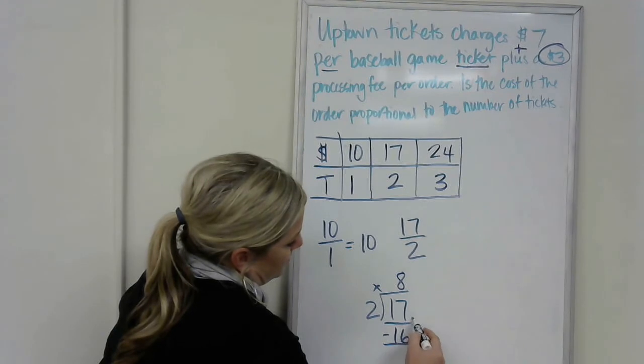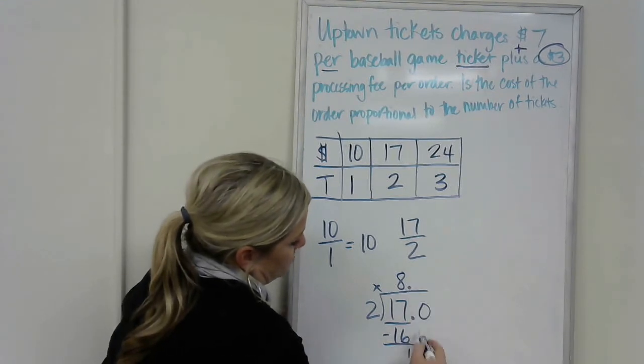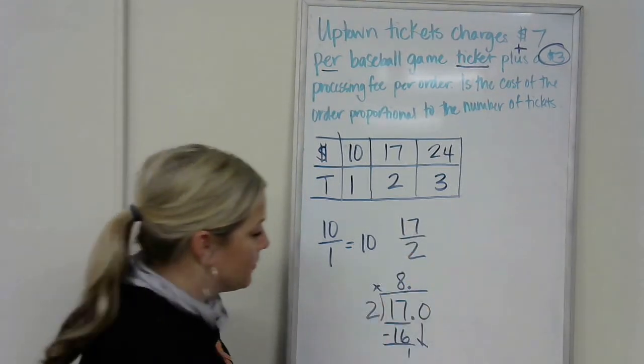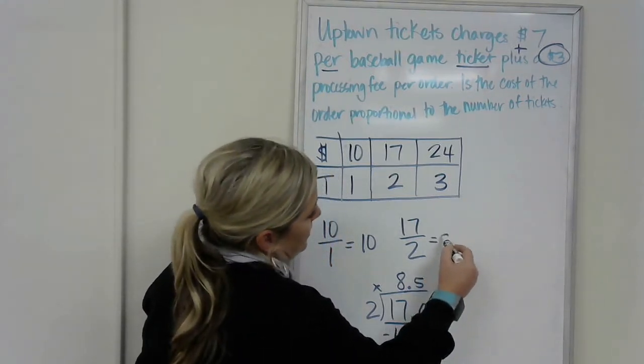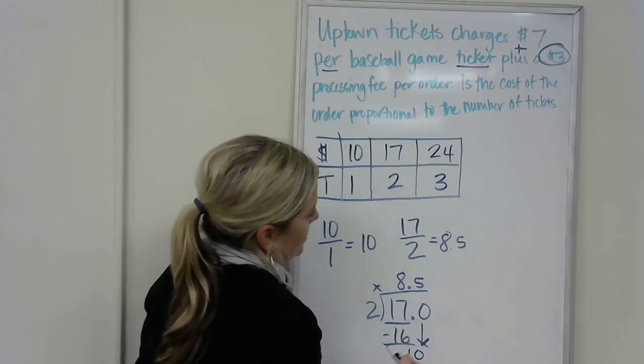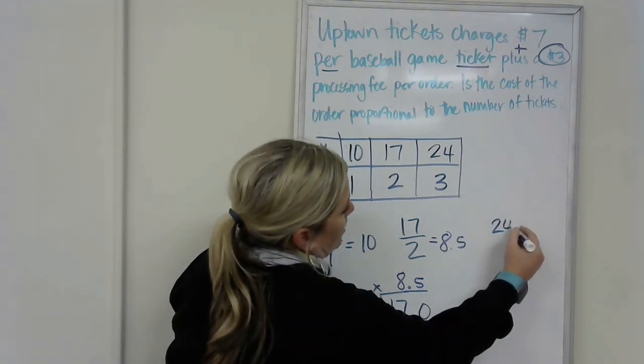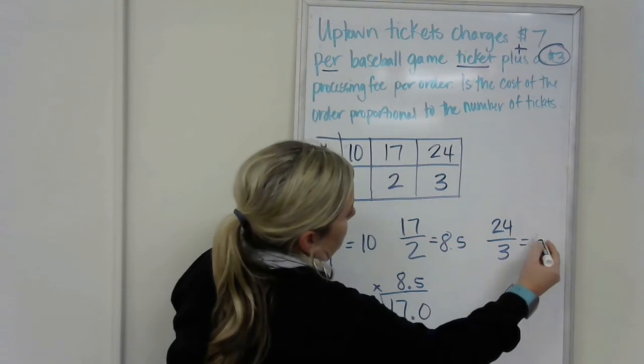I've got 1. I'm going to add a decimal because we are talking about money. It just makes me feel better. 2 goes into it, so this one is 8.5. And then we have 24 and 3, which would be 8.